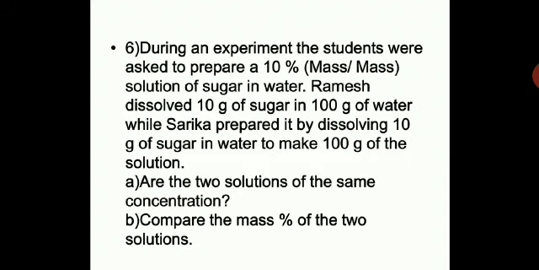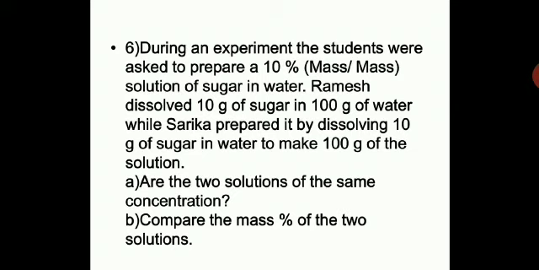Now during an experiment, the students were asked to prepare a 10% mass by mass solution of sugar in water. Ramesh dissolved 10 gram of sugar in 100 gram of water, while Sarika prepared it by dissolving 10 gram of sugar in water to make 100 gram of the solution. So you mark the difference between the preparation done by Ramesh and by Sarika.